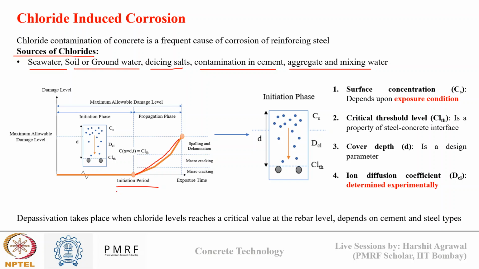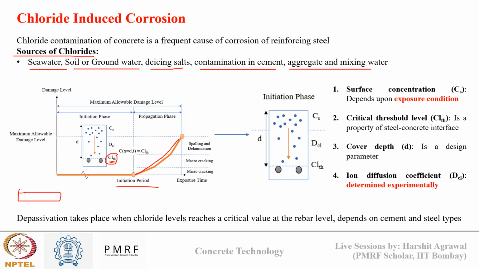Now we say that a certain amount of chloride ions will reach the steel surface, and that certain amount is known as the chloride threshold. So why is there this certain amount, and what is it? Basically there is a passive layer initially over the steel surface.